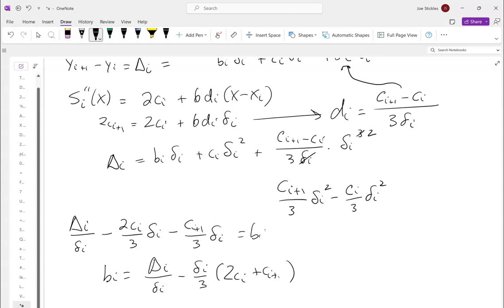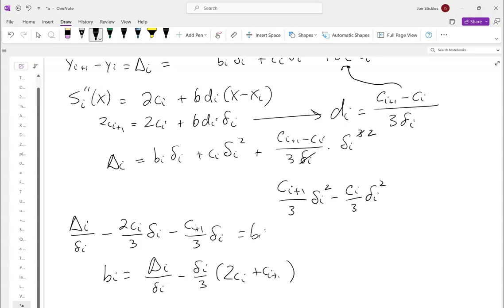So we got to figure out a way to figure out what the C's are. Okay? That's our goal. Now, we used the second derivatives to get this piece of information for the D's, right? We used the original function to get this piece of information for the B's. The only thing we haven't used is the derivatives, right? So we need to work with the derivatives set equal to each other in order to get the equations to solve.